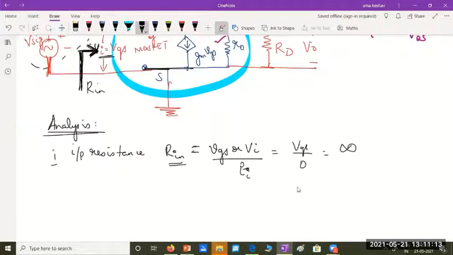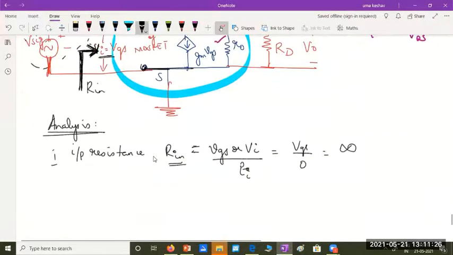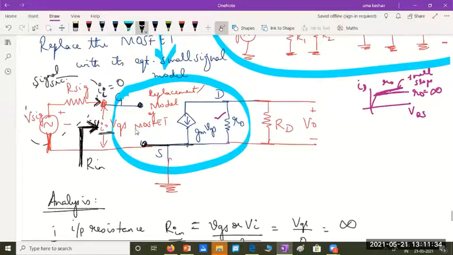You need not even write all this. You can skip all this. The resistance you're seeing when you look into an open circuit, there's an open here. Whenever you're looking into an open circuit, it's automatically understood that the resistance is large, infinite. Infinite resistance is represented as an open circuit. Yes or no? So this is how we find the input resistance in a MOSFET amplifier.